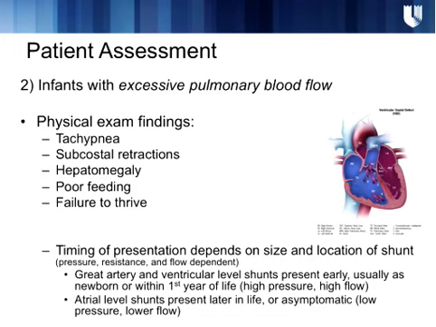Tachypnea and subcostal retractions are usually due to excessive amounts of blood in the pulmonary circulation, leading to decreased compliance of the lungs and pulmonary edema. Hepatomegaly from congestive heart failure, poor feeding due to tachypnea, and failure to thrive due to the excessive workload on the heart and excessive energy expenditure.